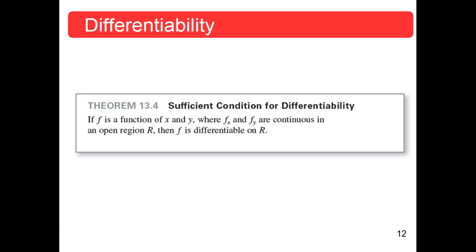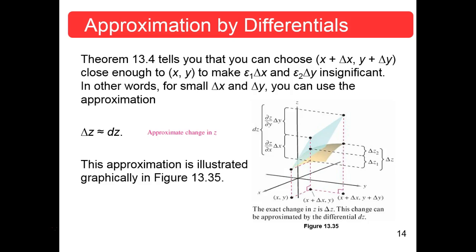Now, what to do with that? Now we're going to do approximations by differentials. Theorem 13.4, the very last one, that sufficient condition, tells you that you can choose x plus delta x and y plus delta y close enough to xy to make epsilon 1 delta x and epsilon 2 delta y insignificant.